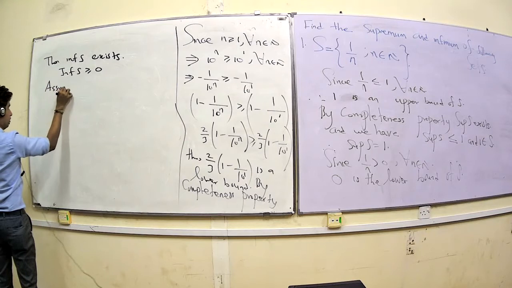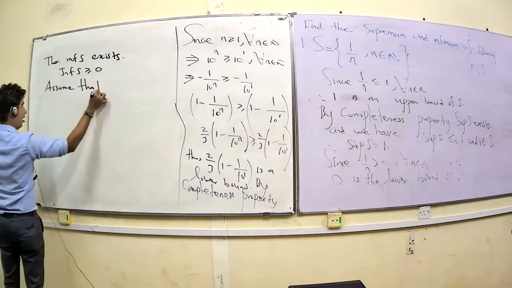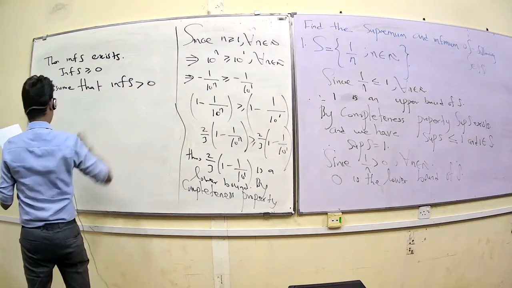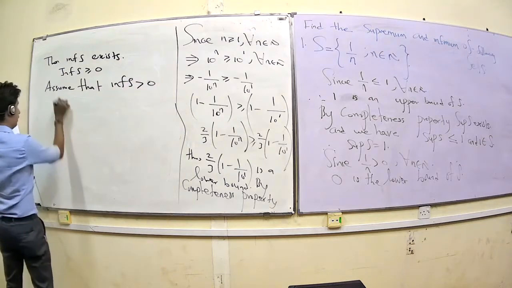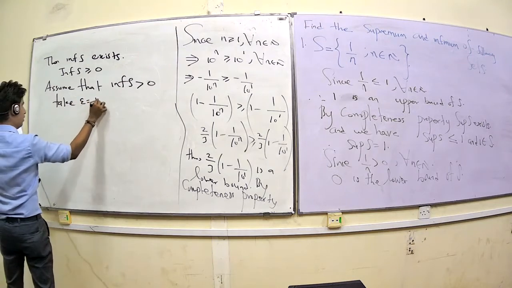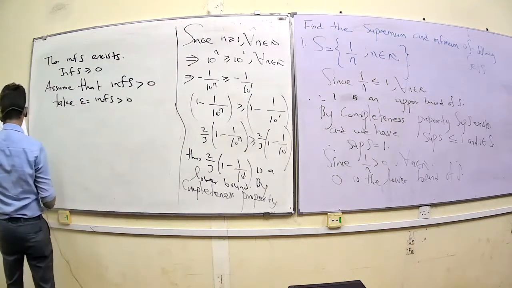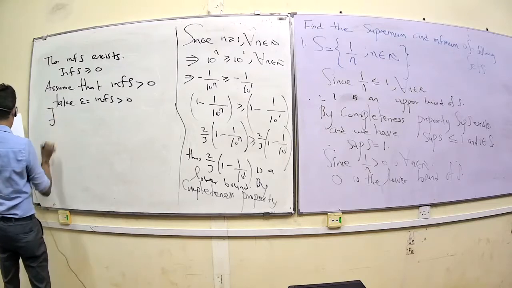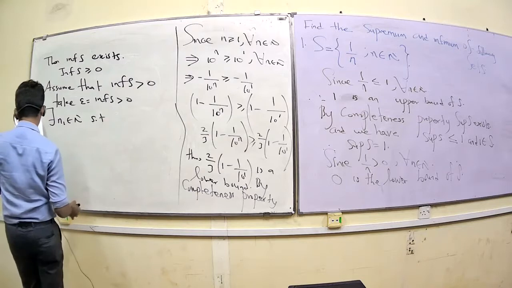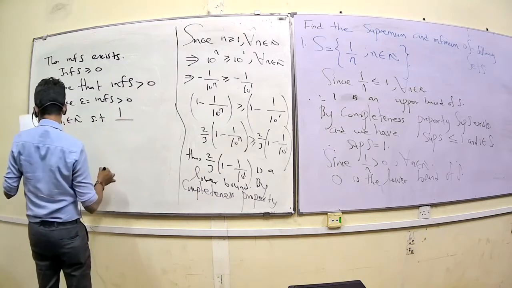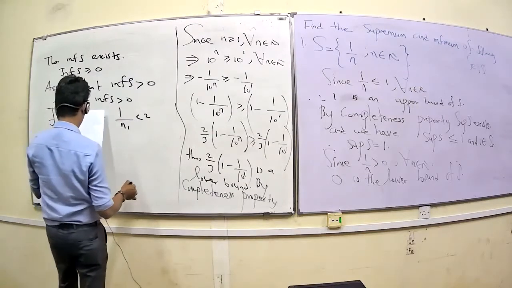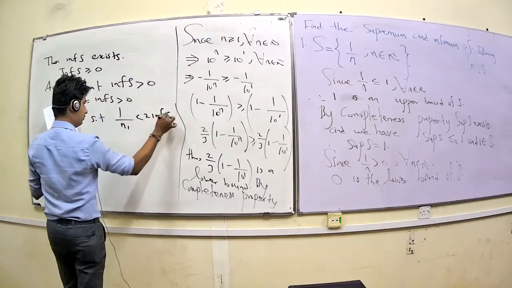Assume that the infimum of S is greater than 0. Take epsilon equal to the infimum of S greater than 0. Then there is n1 belonging to the natural numbers such that 1 over n1 is less than the infimum of S, by the Archimedean property.